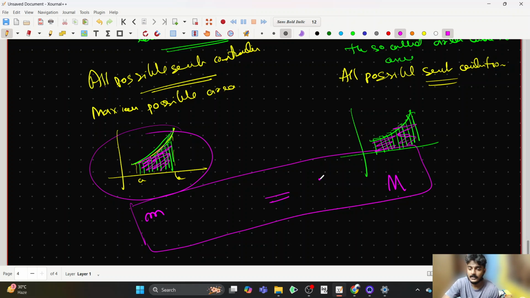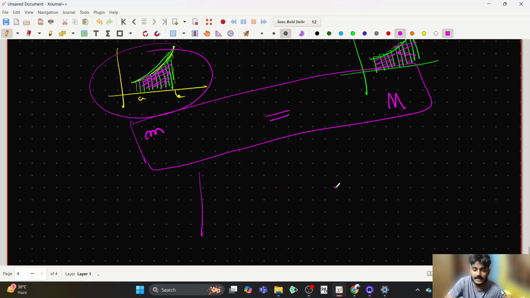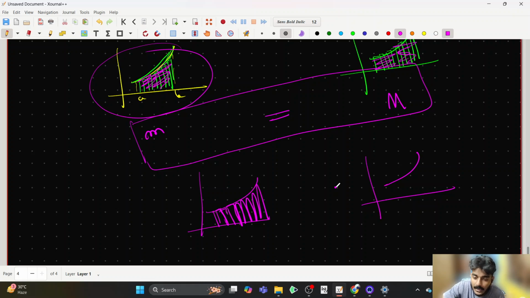Fine. Once this happens, let me draw it in pictures, you will be able to understand. So once this area is almost the same as this area, right?